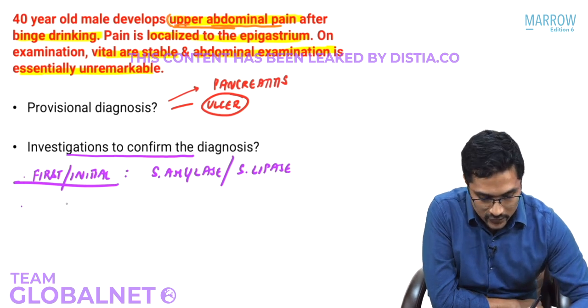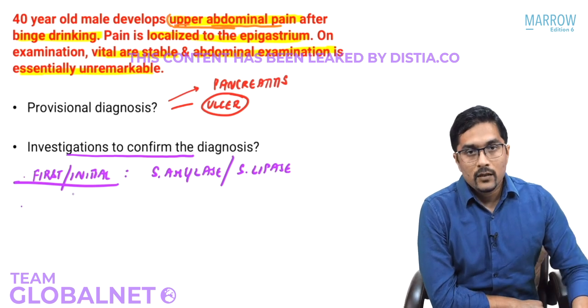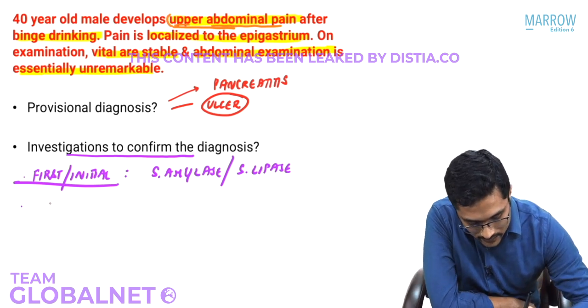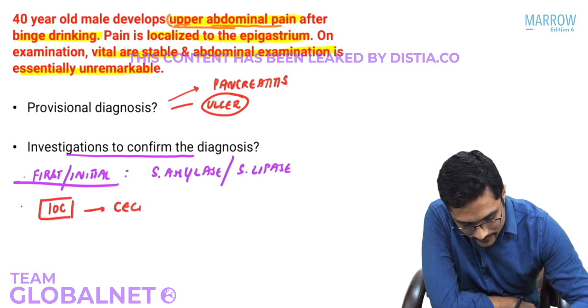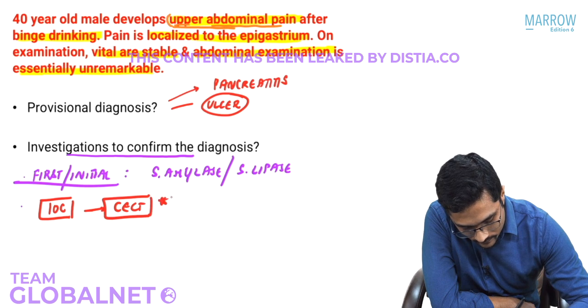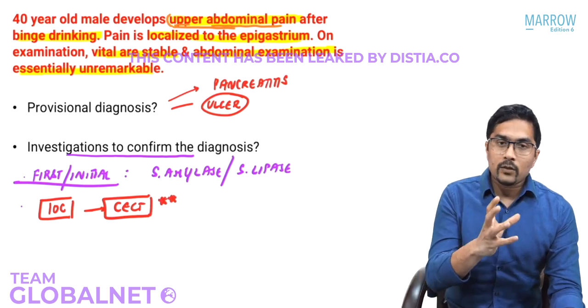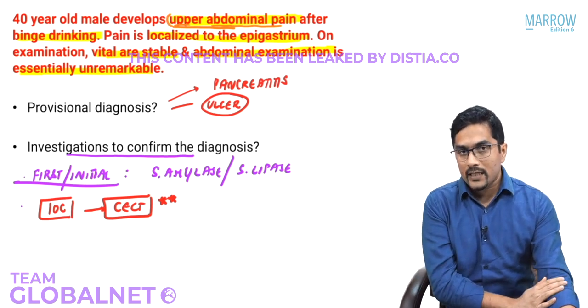These are the initial investigations which need to be sent out. But if you're suspecting acute pancreatitis, the investigation of choice is going to be a CECT, a contrast enhanced CT scan, which would tell us about the pancreatic inflammation and the severity of pancreatic inflammation as well.